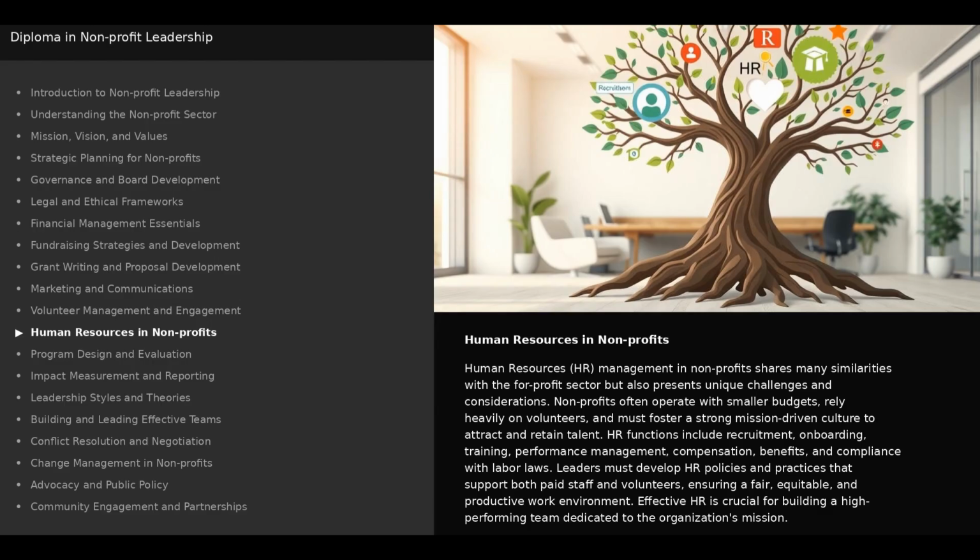HR functions include recruitment, onboarding, training, performance management, compensation, benefits, and compliance with labor laws. Leaders must develop HR policies and practices that support both paid staff and volunteers, ensuring a fair, equitable, and productive work environment. Effective HR is crucial for building a high-performing team dedicated to the organization's mission.